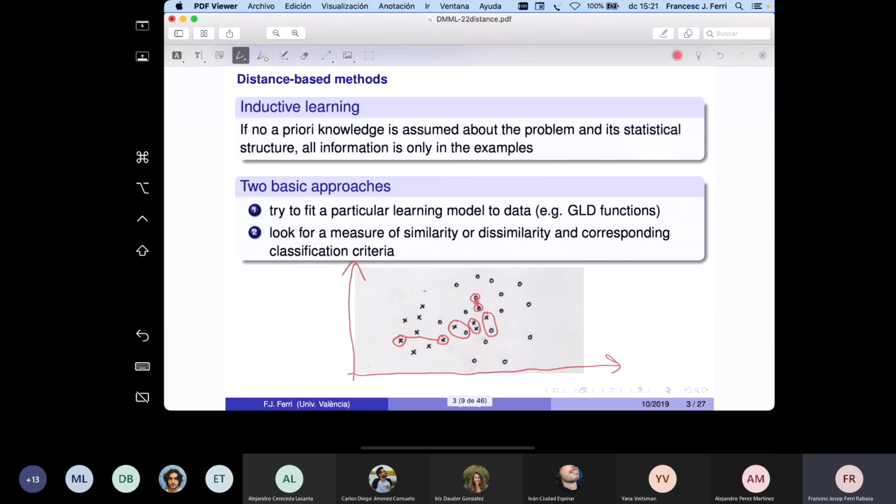Moreover, to be able to convert this into a classifier, I will need to attach, as always, a label to each training example.